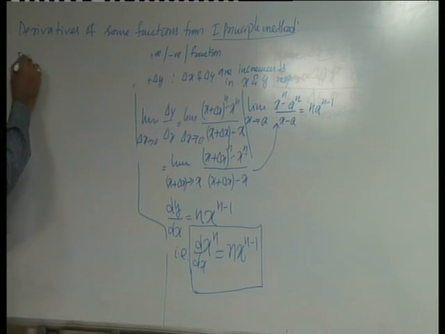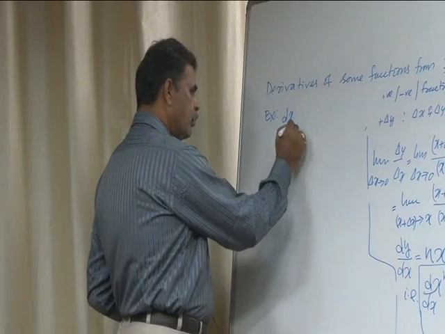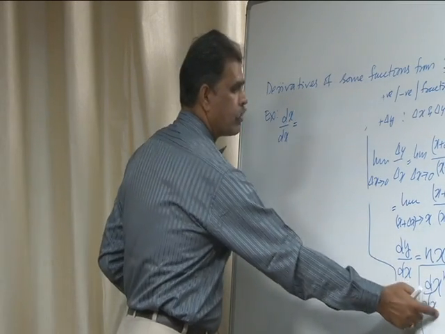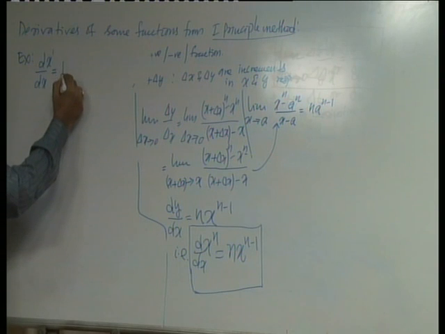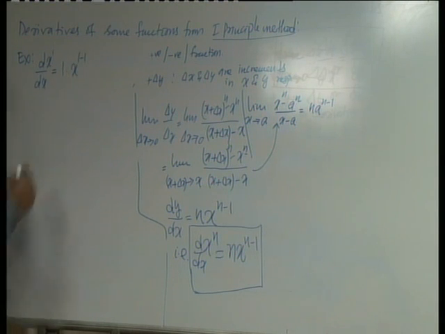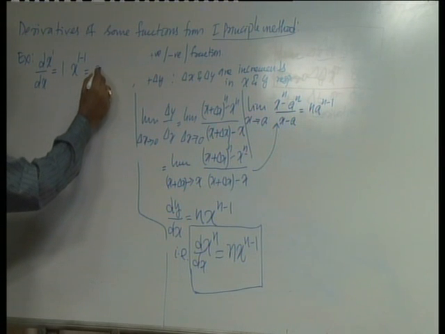Example for x to the power of n, differentiation of x. According to mathematics, dx by dx cancels, you will get 1. How will it be correct? According to this formula, what is the power of x? 1, n into x to the power of n minus 1, that is 1 into x to the power of 0.